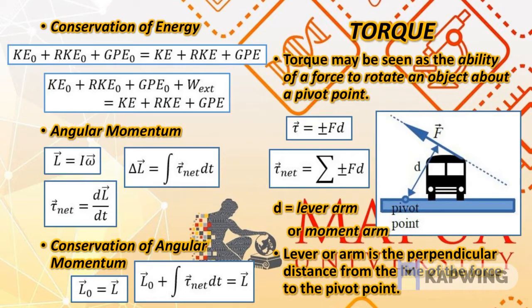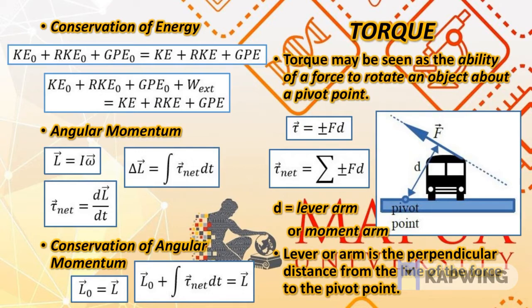In addition to net torque is equal to I alpha, we may also determine torque by looking at how the force is applied on the object with regards to the pivot point. Torque may be seen as the ability of a force to rotate an object about a pivot point.